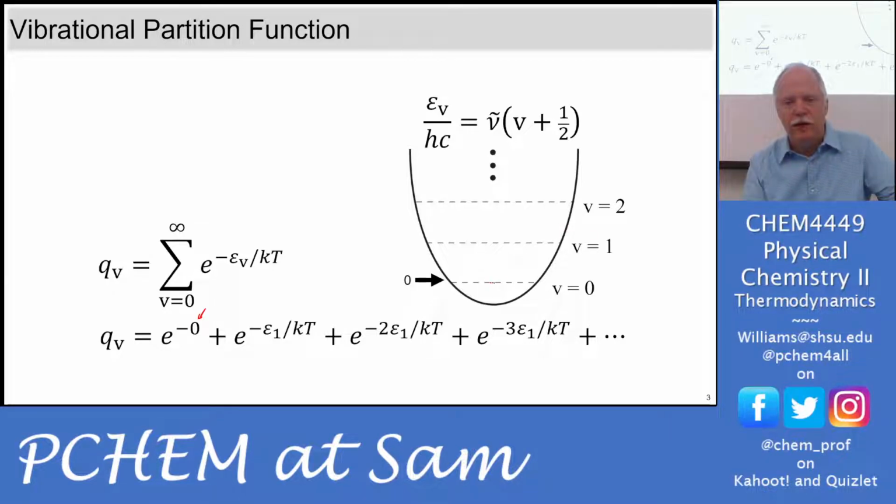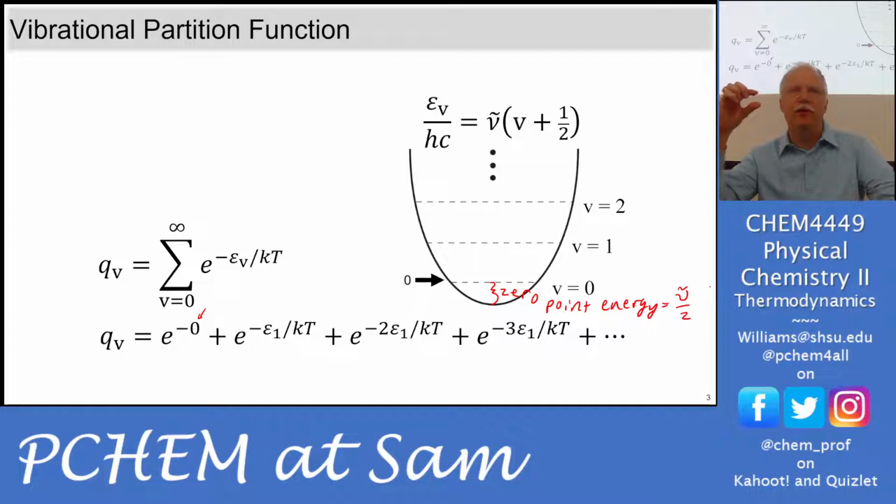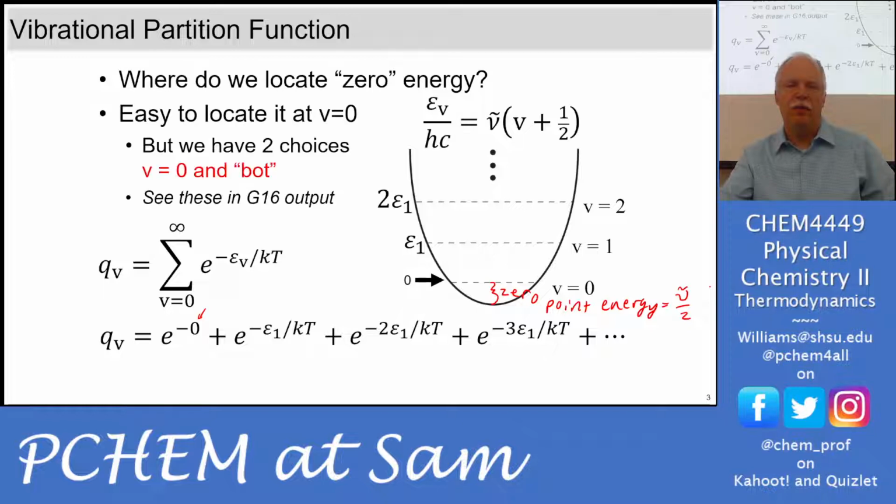To calculate this 0-point energy, that's the vibrational frequency divided by 2. So it's 1/2 of a vibrational frequency in terms of 0-point energy. In order to calculate that, we would set the 0 point of energy down at the bottom of the well.